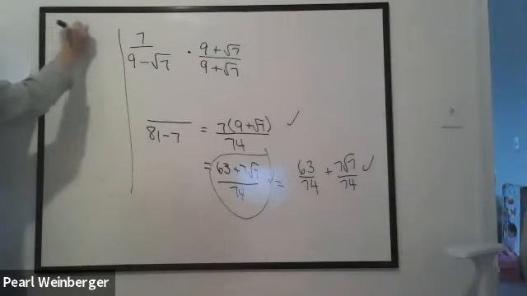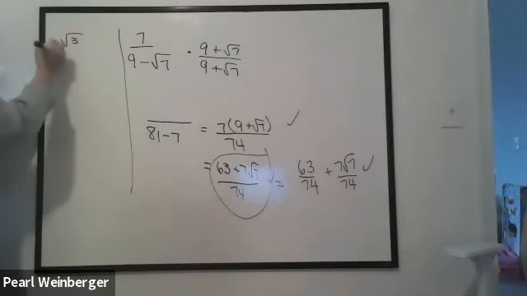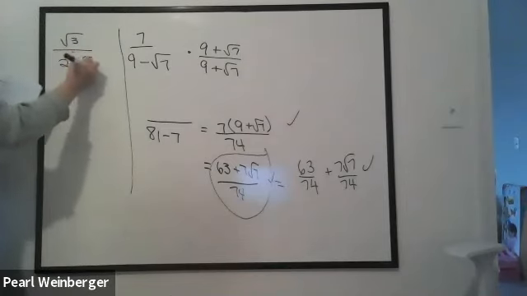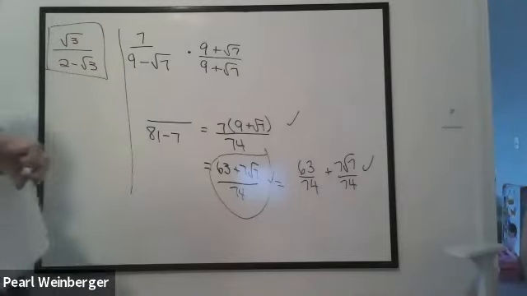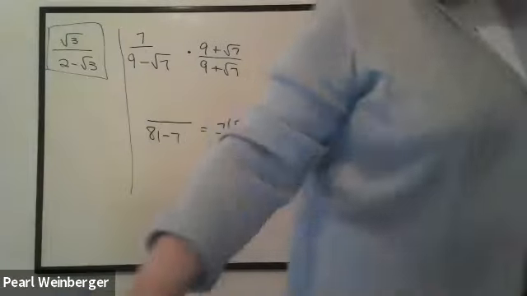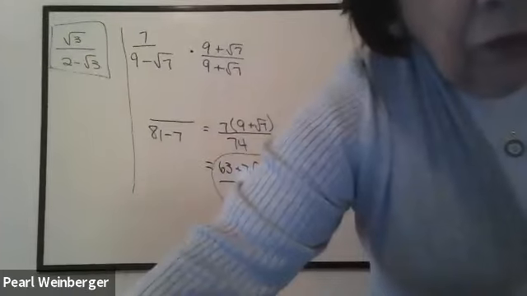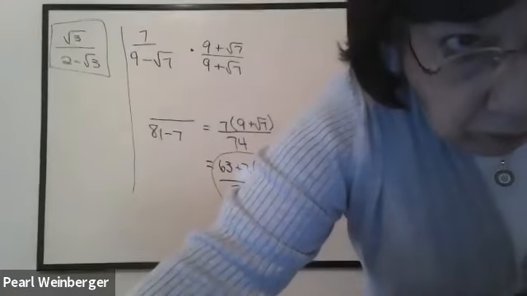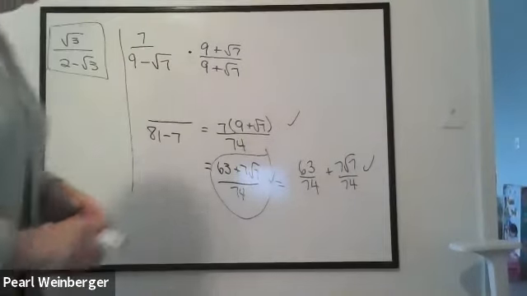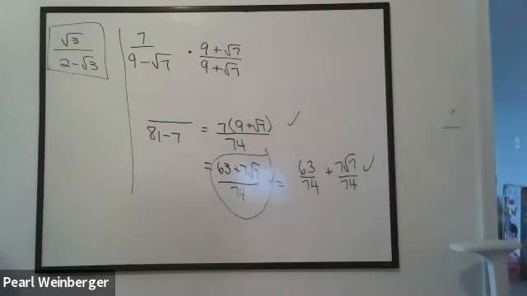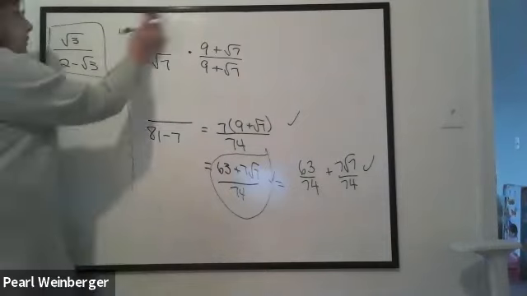The problem is square root of 3 over 2 minus square root of 3. See if you can rationalize this. I'm going to give you a couple of minutes to try it on your own. Let me erase this so that we have space to work this.